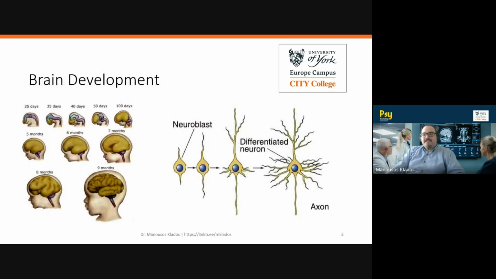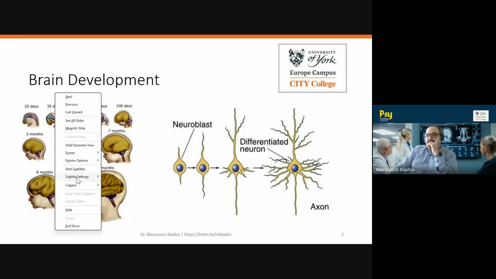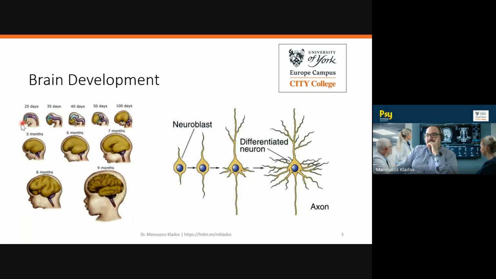Starting with neuroplasticity, I would like you to see these images, where here we have a fetus of 25 days, and here, at 100 days, this yellow thing, which is the brain, started as a very small dot, and in the first 100 days it has grown so much, as has the head.